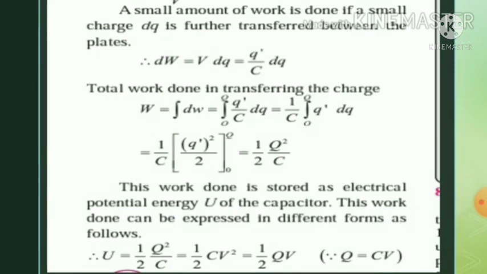These three forms of electrostatic potential energy in the charging process of a condenser or capacitor are most important in the HSC board theory exam for 3 mark questions, and also used in the HSC board exam to solve 2 mark or 1 mark numericals.